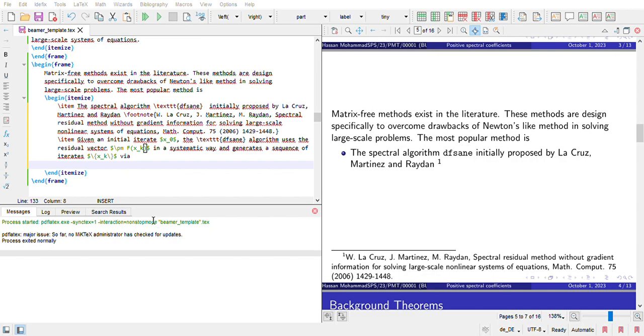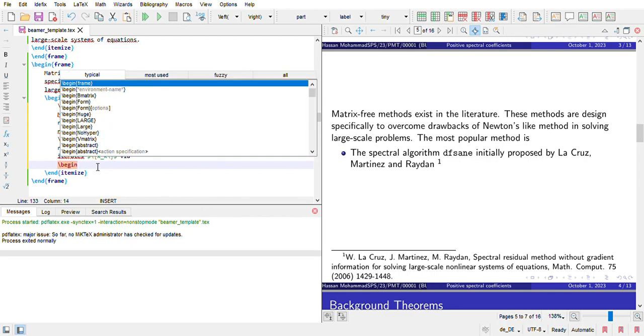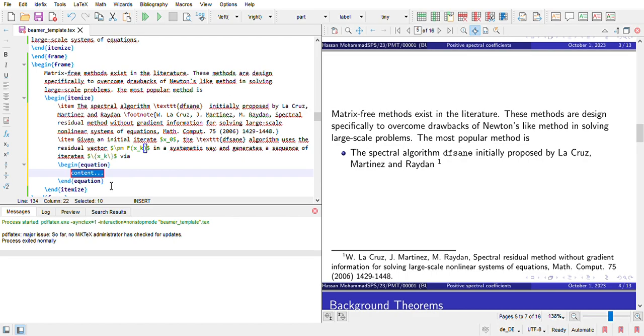So the equation is x_{k+1} equals x_k plus or minus lambda_k alpha_k f of x_k, for k equals 0, 1. So maybe I want to also begin another equation environment, this time also a numbered equation. So the equation is x_{k+1}.